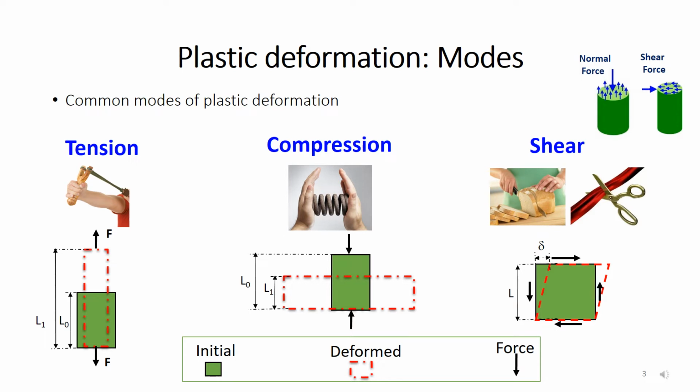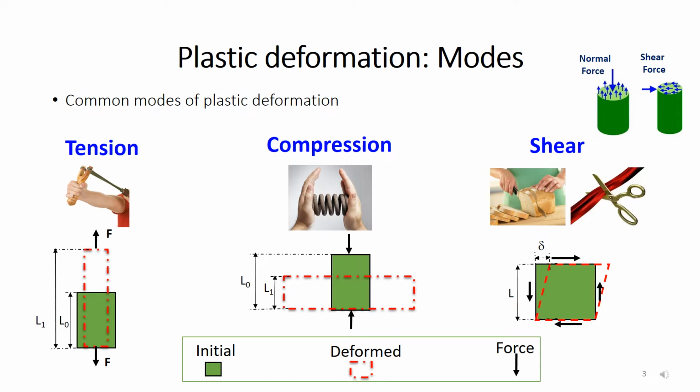So there are different modes of deformation. One is tension. If the effect of the force you are applying on an object is to increase the length of that object, then that mode of deformation is known as tension.